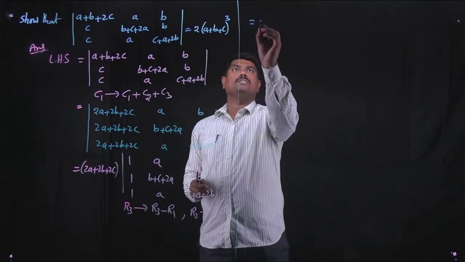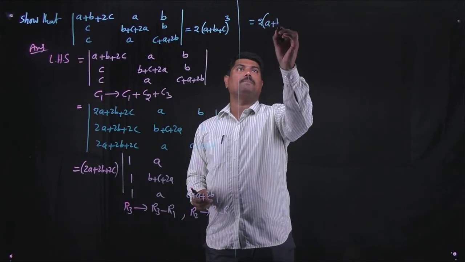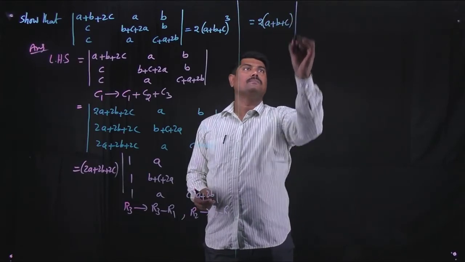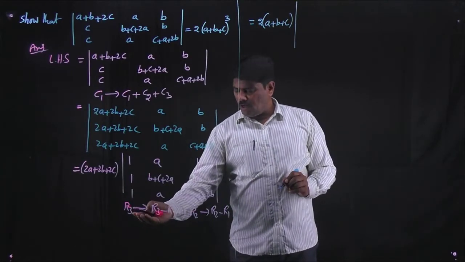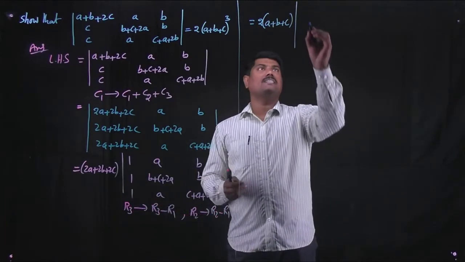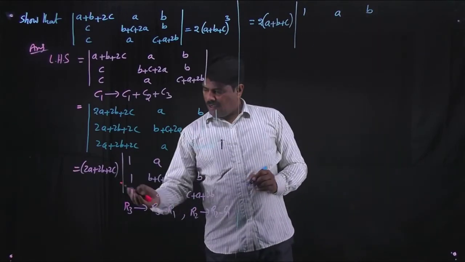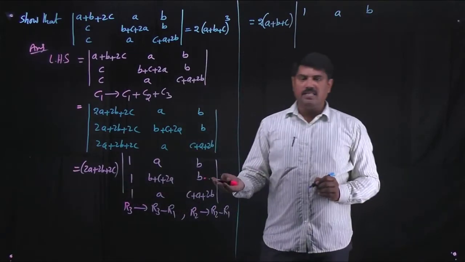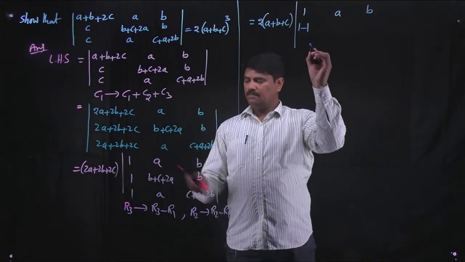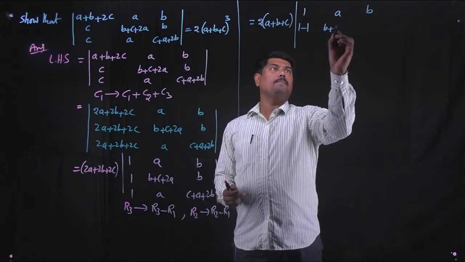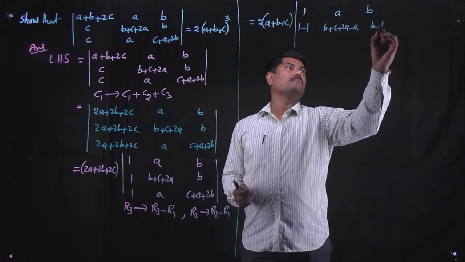Which is equal to 2a plus 2b plus 2c, write that as 2 of a plus b plus c, and here you are not changing the first row, so write it the same: 1, a, b. The second row you are changing as R2 minus R1, so that is 1 minus 1, b plus c plus 2a minus a, b minus b.